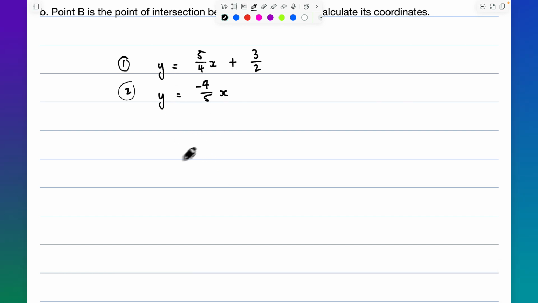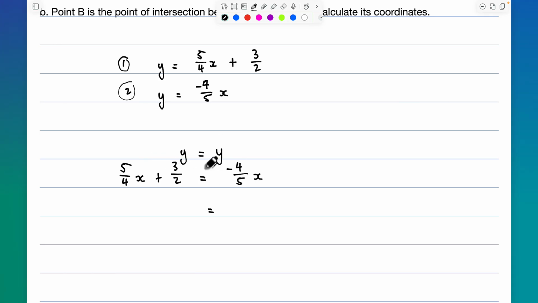In order to calculate the simultaneous equation, we have to equate the two y's. We're going to take the y expression from the first one, which is 5/4x plus 3/2, and that's equal to the second y expression, -4/5x. We're going to try to solve for x.